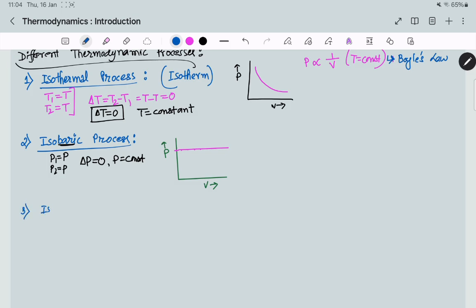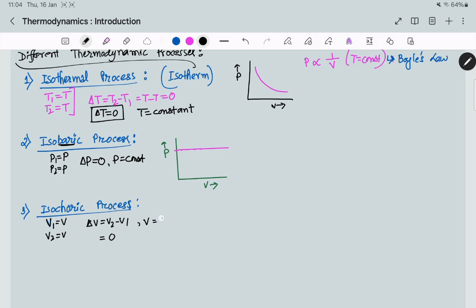Then the third one will be the isochoric process. Here the variable, volume, we will take as fixed. V1 is equal to V, V2 is equal to V. So delta V equals V2 minus V1, which is again 0.